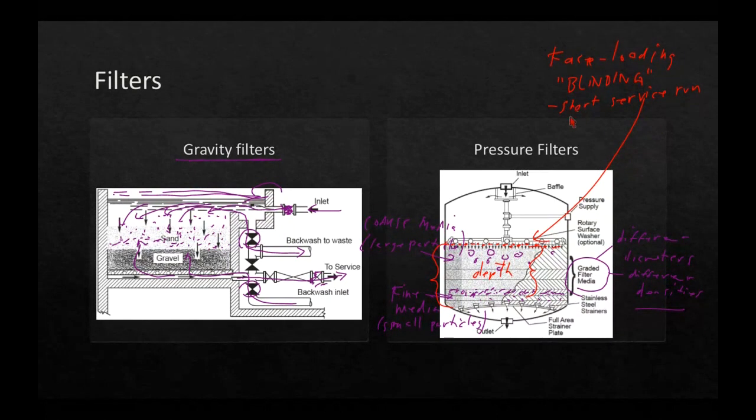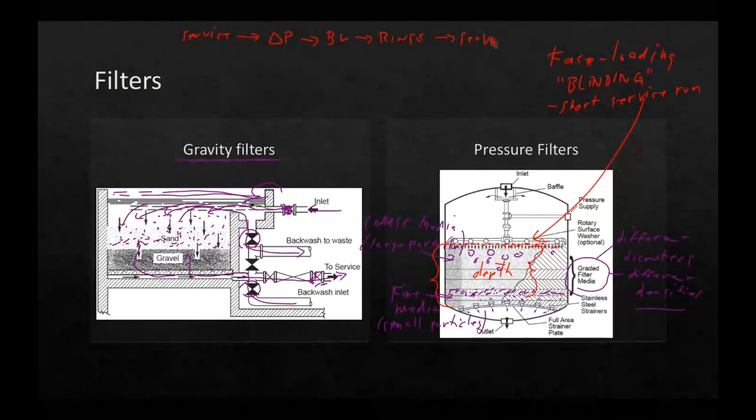Now, a service run means from the time that you put it into service until the time you have to take it out to backwash it. So we have service, which leads to a high delta P, which brings you to backwash, and then we rinse it, and then we're in service again.